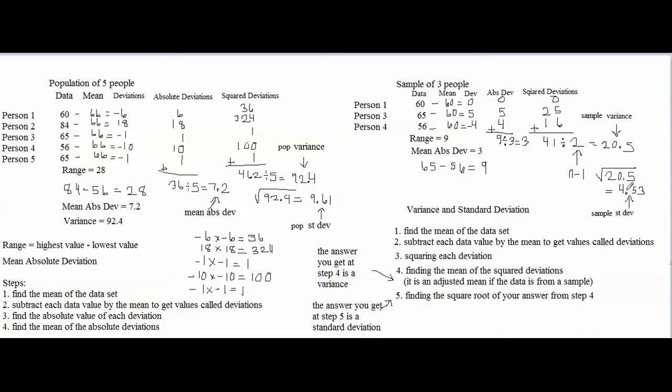It's meant to boost them up higher so that they're closer to what the variance and standard deviation equal for the entire population. So if we didn't do this adjustment and we calculated the variance and standard deviation the same way as we did over here, these values would come out even smaller, which would mean that they would be even further below the population values.